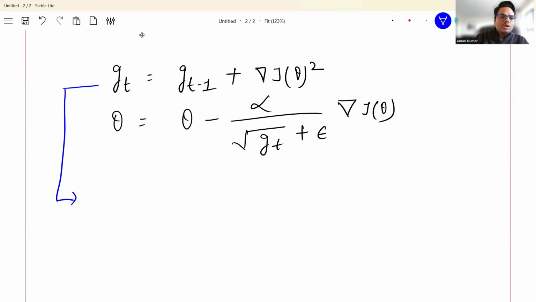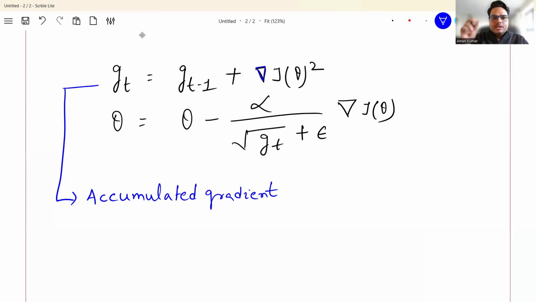Here please try to understand this g_t. This is called the accumulated gradient. What I'm trying to do here is take into account my previous values of gradients, and in every step this g_t gets updated.